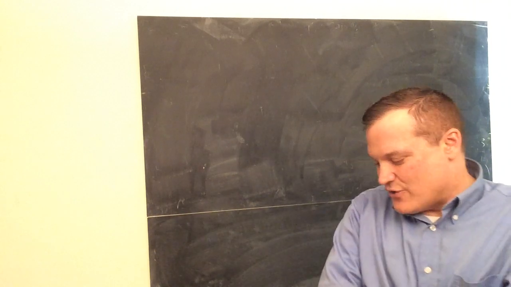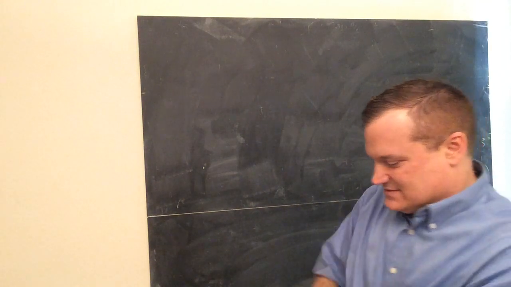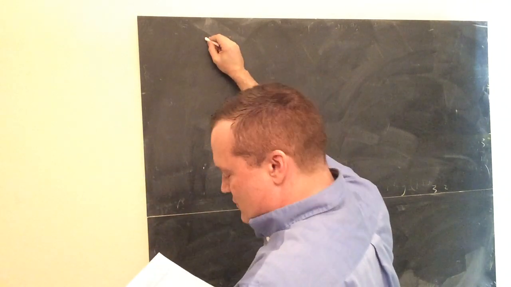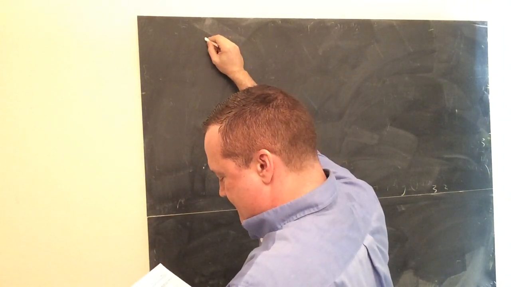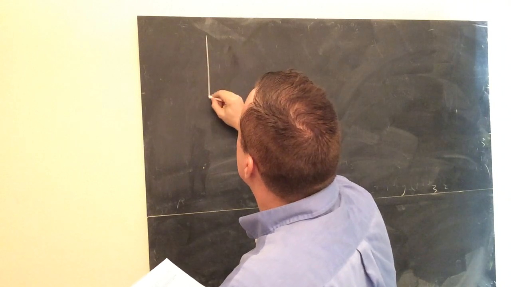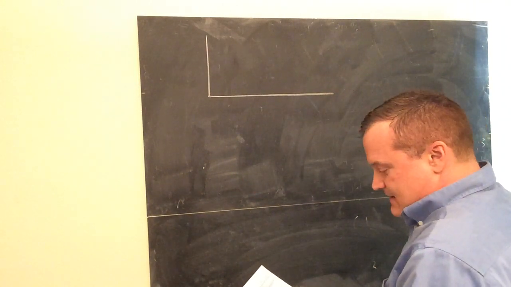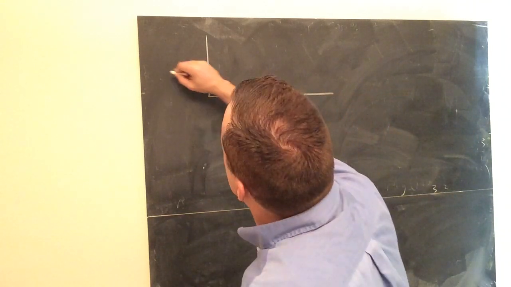Now, what I'm going to show you, these are going to be some graphs. Let me start off by drawing out a graph here. On one side, I'm going to have relative number of electrons.